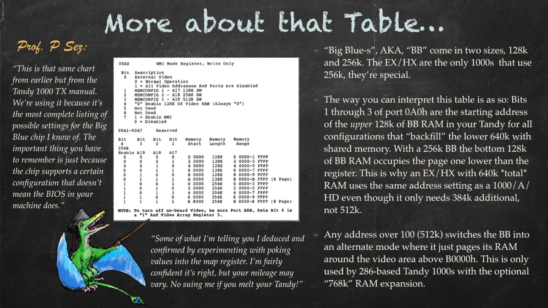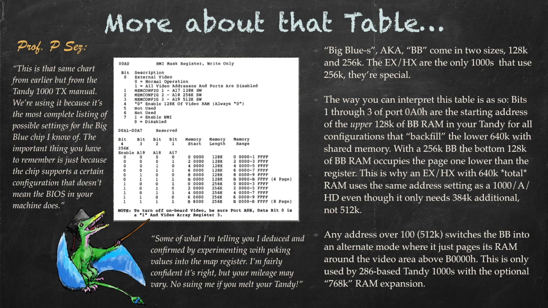So I've been doing some experimenting with my expanded 1000EX to determine if configurations other than those documented in the EX manual for this specific configuration of Big Blue are valid. And spoiler alert, my experimentation suggests not.